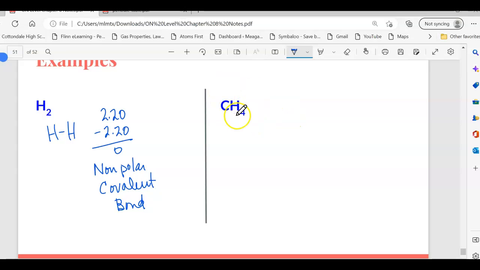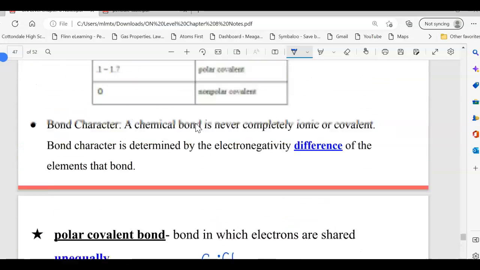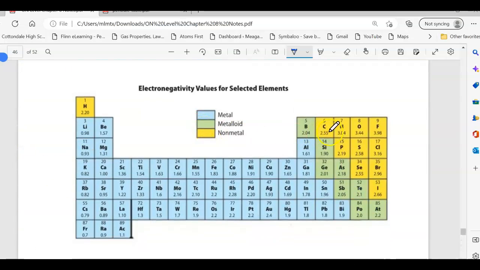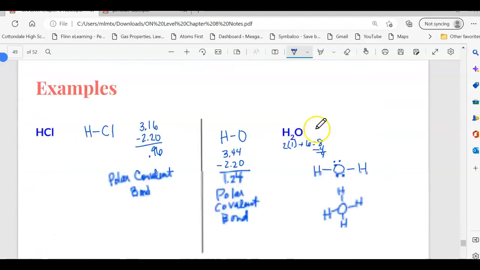Okay, for the CH4, we're going to look at one bond, and then we're going to look at the molecule as a whole. So for carbon, let's see what carbon is. Carbon is 2.55.